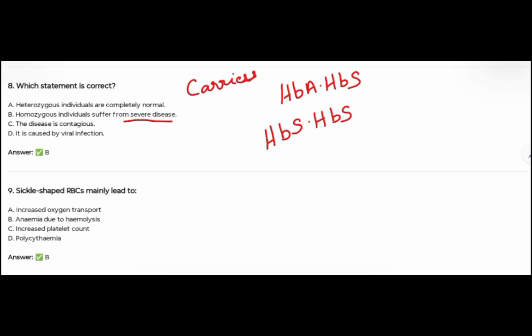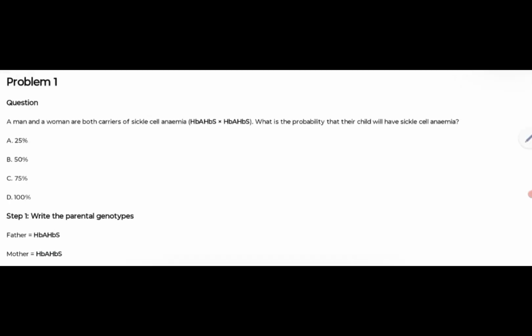And the next question, the 9th question: sickle shaped RBCs mainly lead to what? Anemic condition due to hemolysis. Next question: a man and woman both are carriers, so the genotype is HBA-HBS, right? You have to find out the probability of sickle cell anemic children.